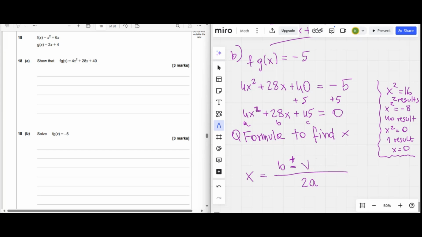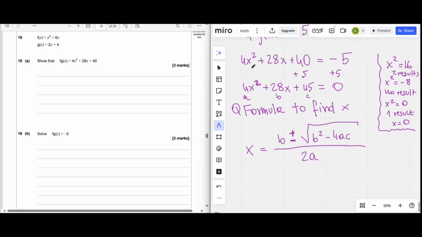And then there is a huge square root. And in that square root, we will be having b squared minus 4 times a times c. Tak, pamiętam. Dobra. So b is 28.